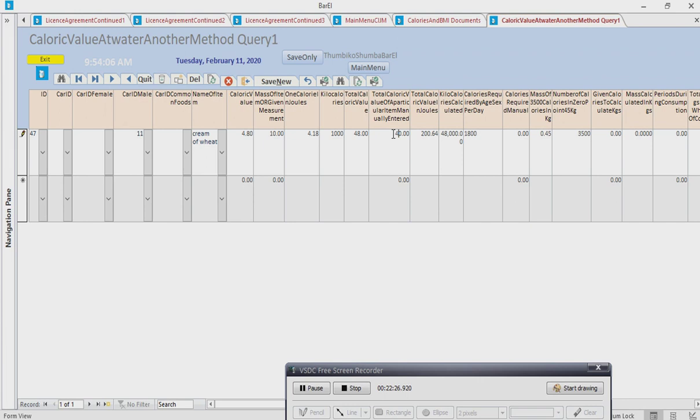And here is 4. Calories required annually, again 1800. Given calories to calculate, 1800.